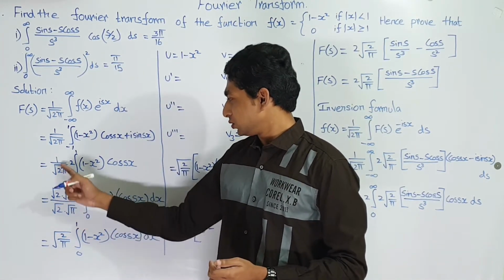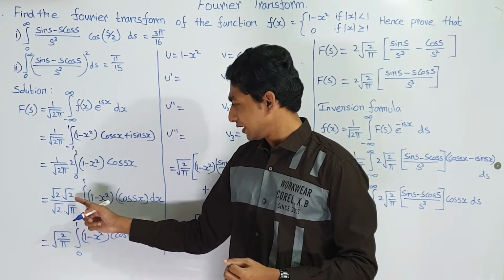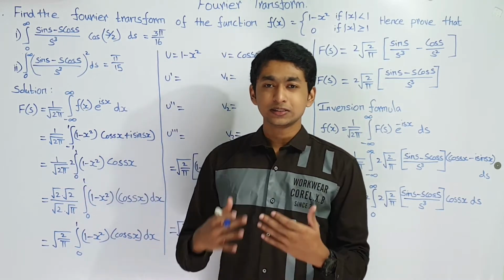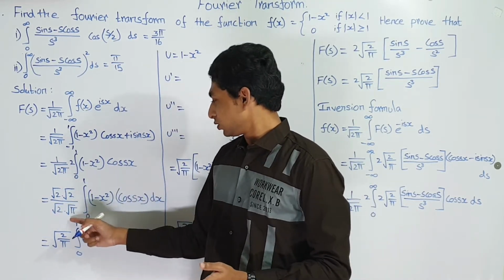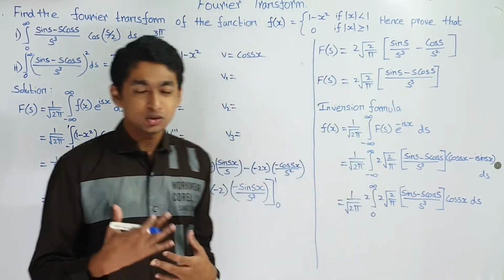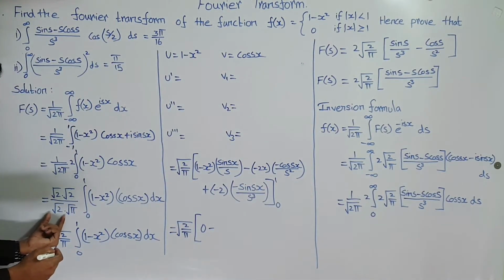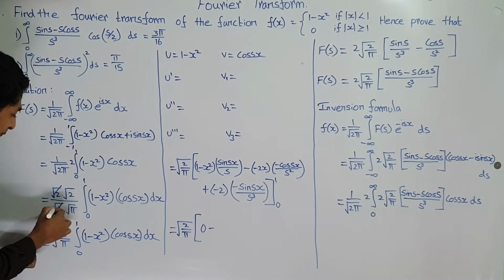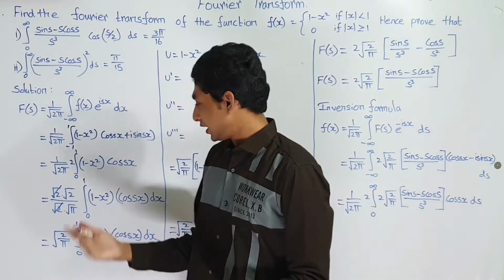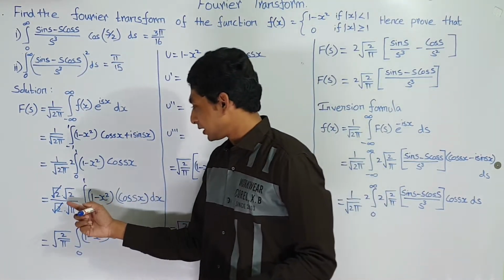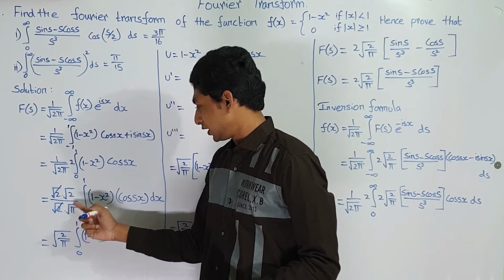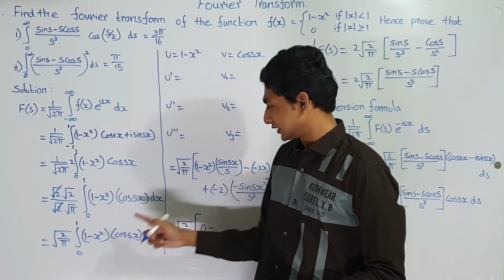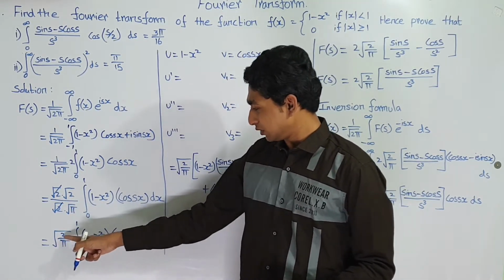I have split this 2 and written root 2 root 2. And here there is root of 2 pi, which I have separated and written as root 2 root pi. So now both the root 2 get cancelled: in the denominator there is a root 2 and in the numerator there is a root 2, so we can cancel them. And the remaining things we have written. So here you can see root 2 divided by root pi, integral 0 to infinity 1 minus x square cos x s dx. Writing it under one root, we put 2 divided by pi.